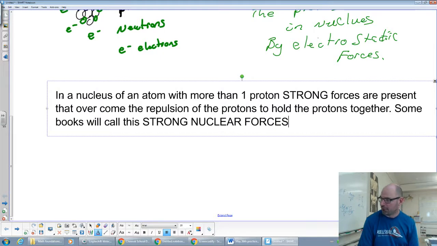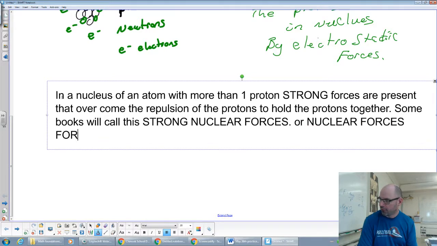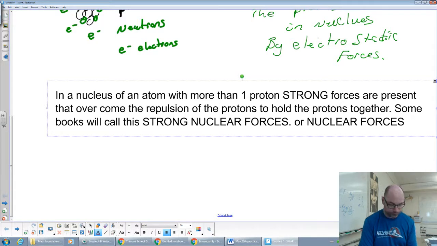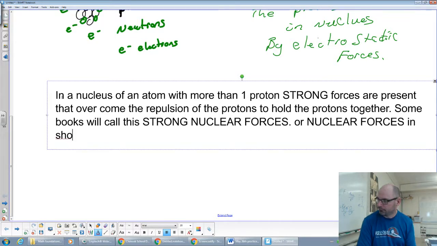Some call them strong nuclear forces. Some call them strong forces. Others will call them nuclear forces for short. They all kind of use them interchangeably, depending on what book you have.